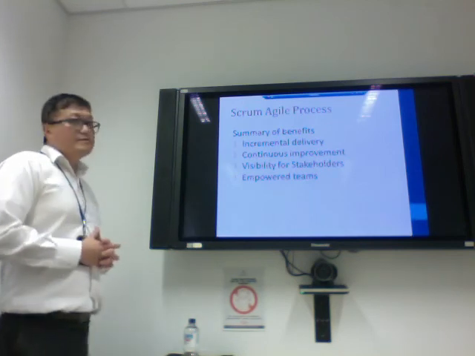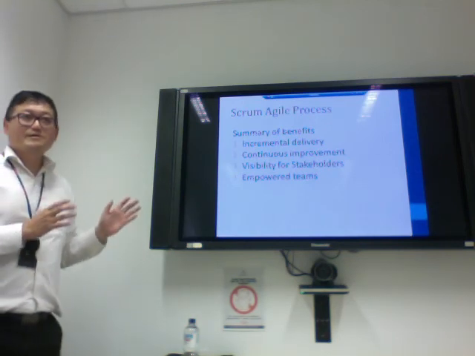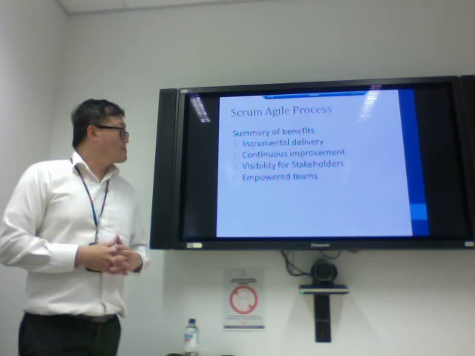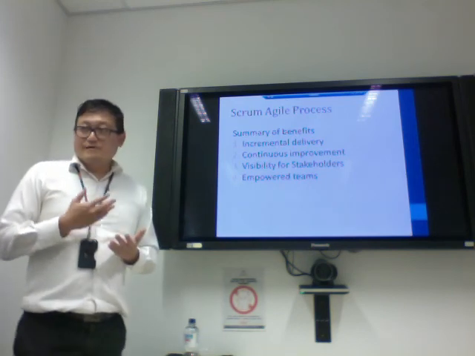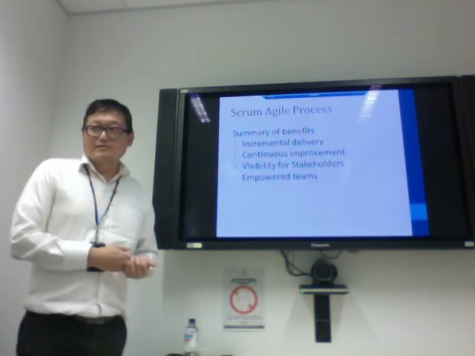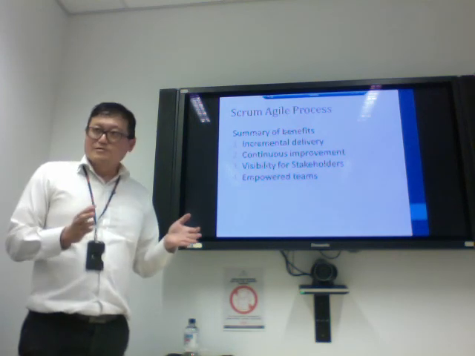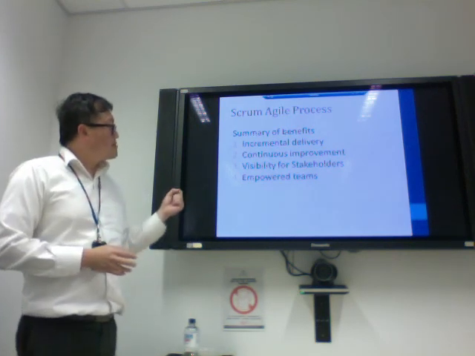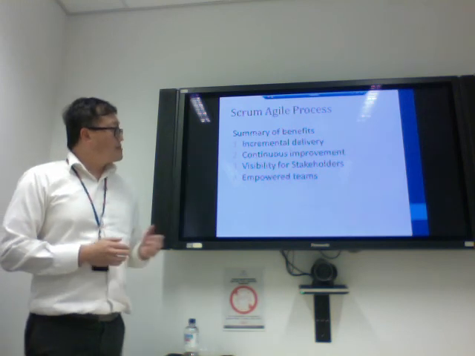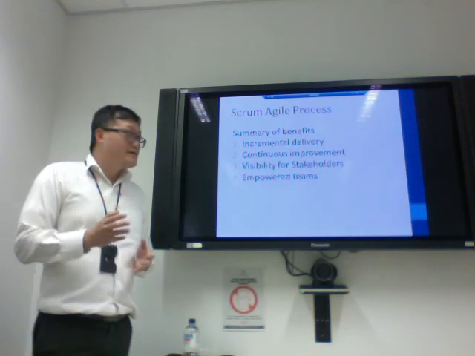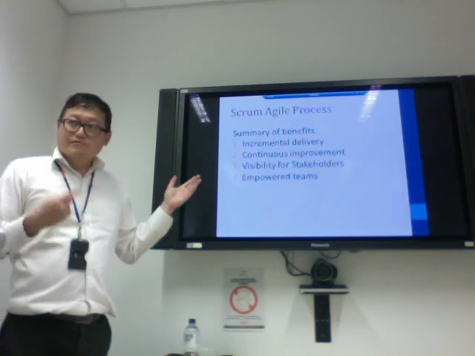So in summary, I think this is pretty much the last line. What the whole thing is about: we want to deliver business value to the business in the shortest cost and shortest time. The way we do it is incremental delivery to minimize the risk. We do it by continuous improvement.